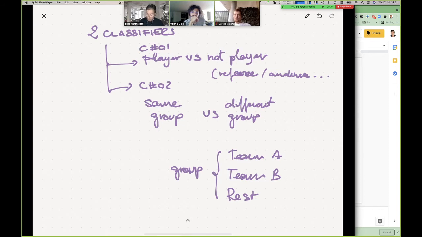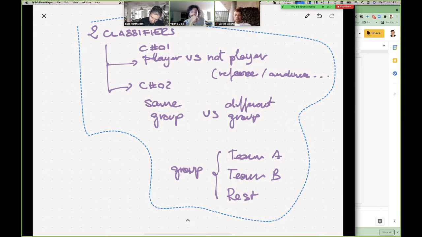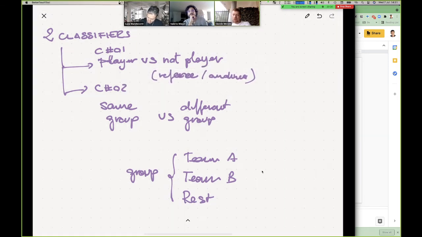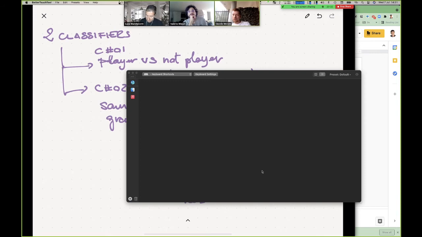Now, how many labels do you need for C1? Do you think that player patches and non-player patches are roughly the same numbers in our dataset?